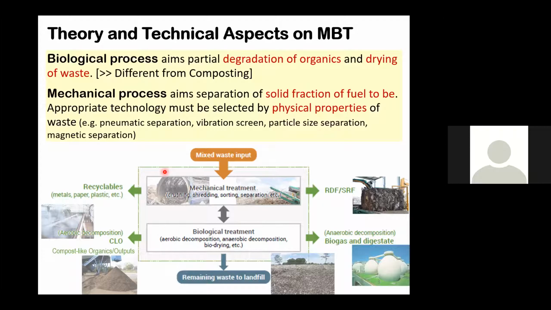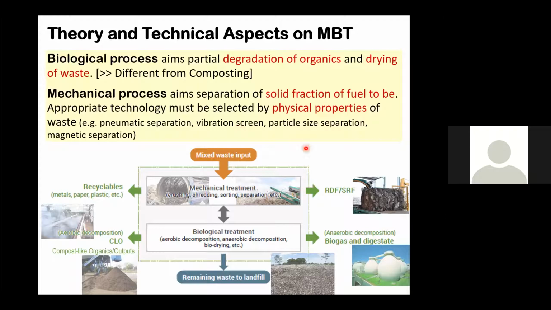And mechanical treatment includes technologies such as crushing, shredding, and sorting and separation technologies for waste treatment. It aims at separating the solid fuel fraction, but there are so many technologies regarding mechanical and physical processes that the appropriate technology should be selected according to the physical characteristics of the waste in the local or regional situation.